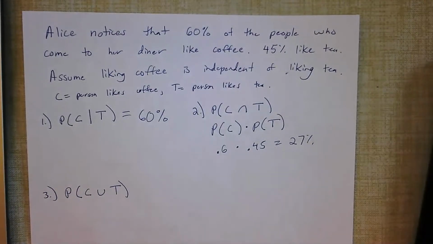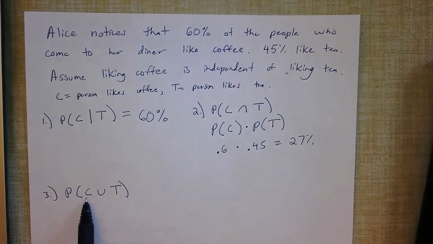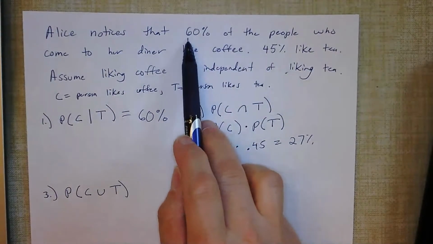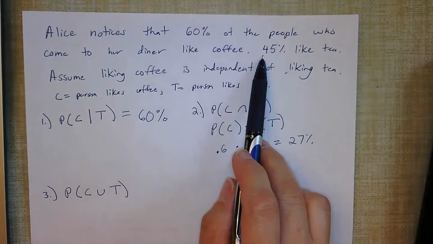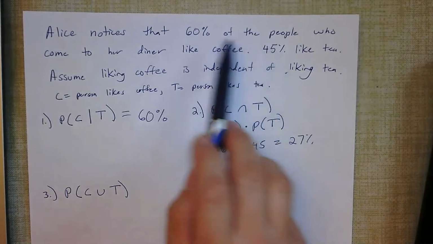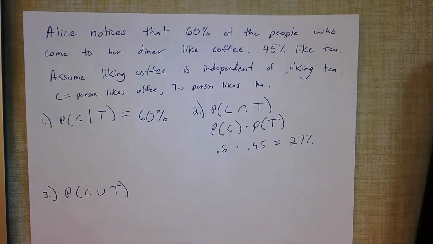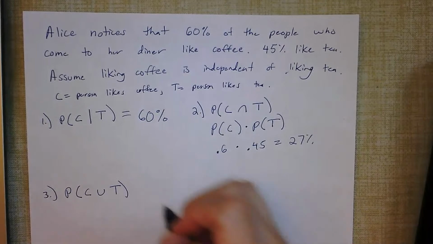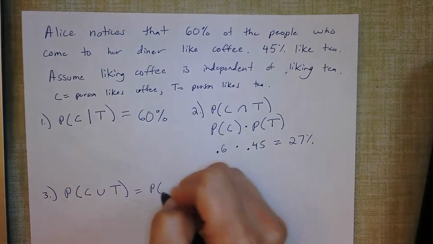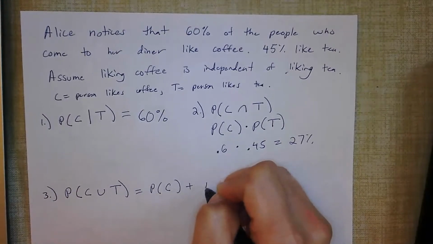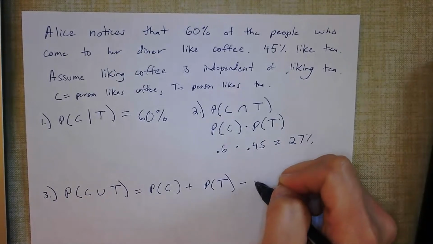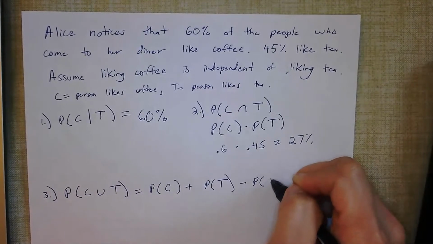Now, the probability of liking coffee or liking tea. Now, we want to be careful because I have 60% of my people who like coffee and 45% who like tea. So immediately, what do I realize? If I add these together, I have more than 100%. And I don't know anything else. So I'm going to use the general addition rule: the probability of coffee plus the probability of tea, and then I'm going to subtract the people who like both, which I just found up here, which was quite handy.